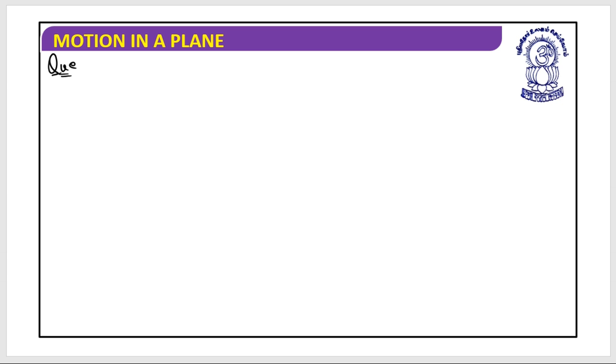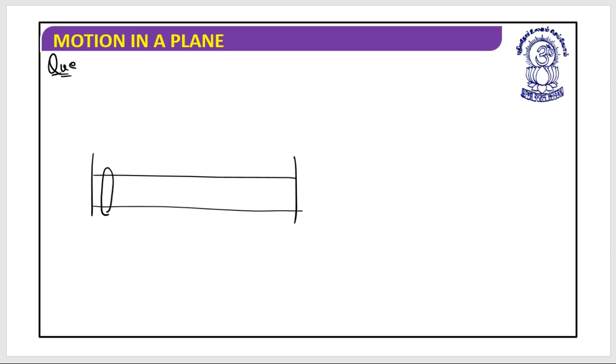The next question. First, observe the situation very carefully. Let's suppose these two are rigid supports over here, and on these two supports we have a ring, and that ring has been tied up with a pulley system. I hope you understand the pulley system.